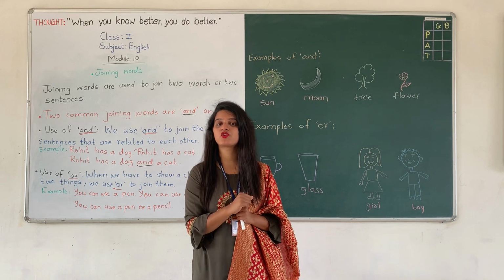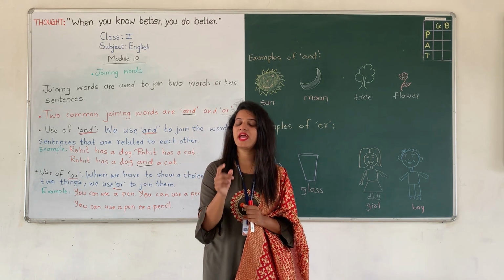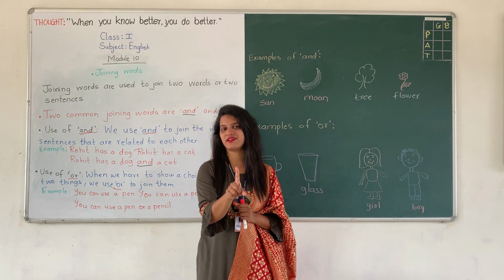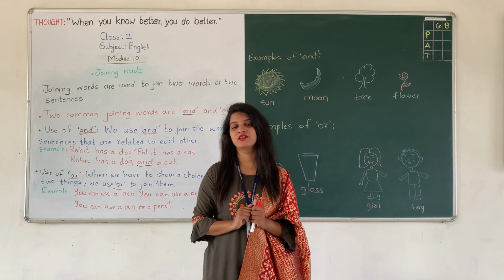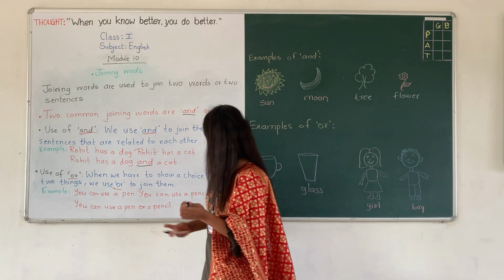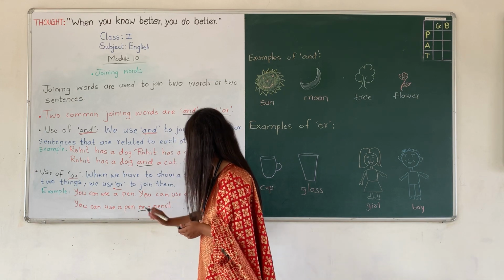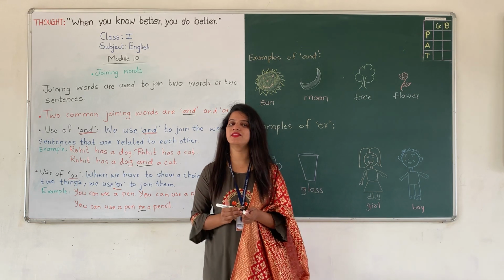Now you have to make a choice between a pen and a pencil. You can use only one thing at a time. Either you can use pen or pencil. So what do you have to use? You have to use the joining word or. You can use a pen or a pencil.